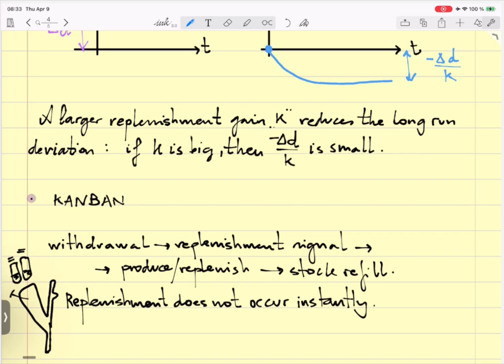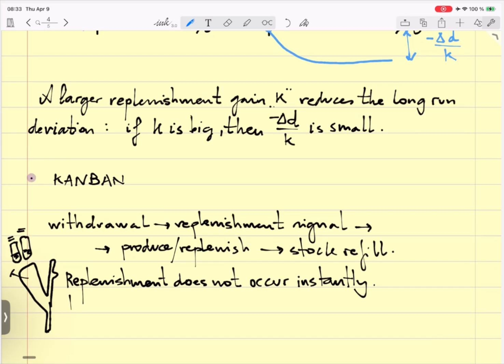Okay, there is a lead time. This is realistic when you go to buy some yogurt at some store. You take the yogurt and it's not replenished instantly. When you buy some car, the car is not replenished instantly.